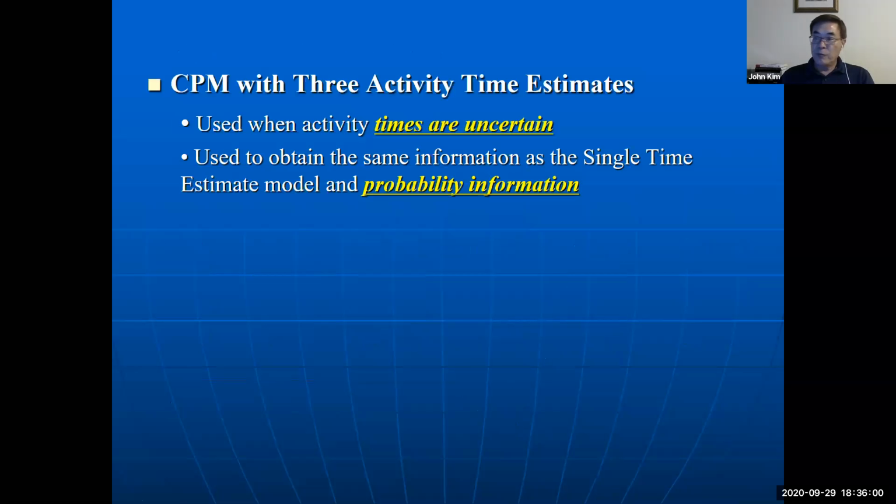If we have one certain activity time, then we use that single activity time estimate. But in the real world, activity time is usually uncertain.